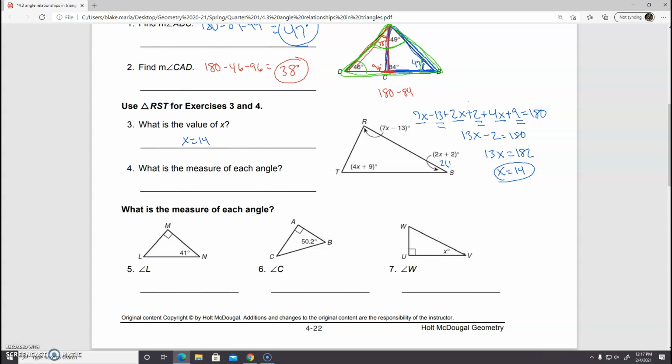So let's start here, 2 times 14 plus 2, so we got 28 plus 2 is 38 degrees. 4 times 14 plus 9, so we got 4 times 14, which is 56, plus 9 is 65. And then last but not least, we have 7 times 14 minus 13. So 7 times 14 minus 13 gives me 85.